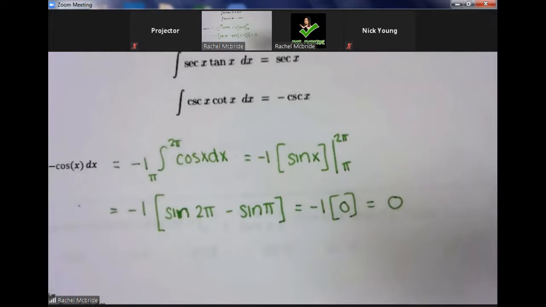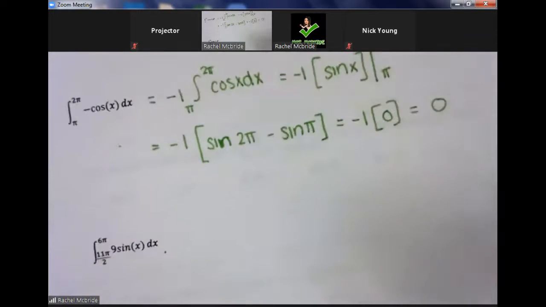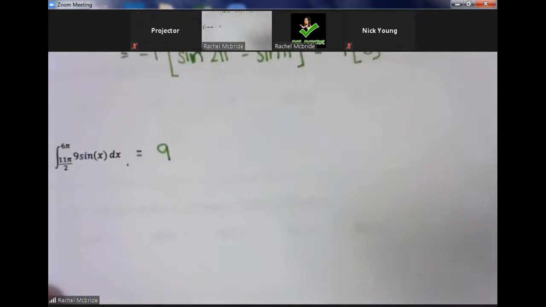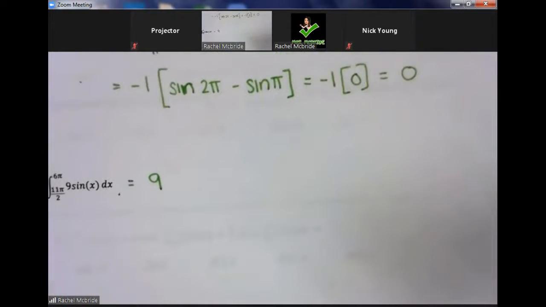Okay. Looking at the next example. So we have this time 9 sine x dx. Once again, I'm going to factor or remove the constant and bring it out in front.